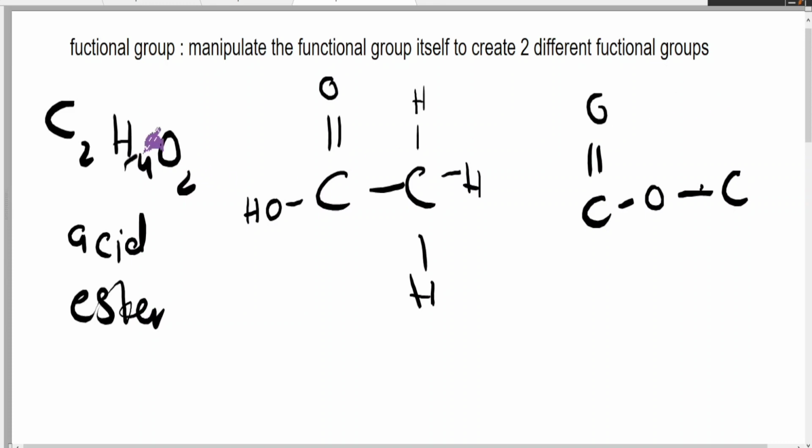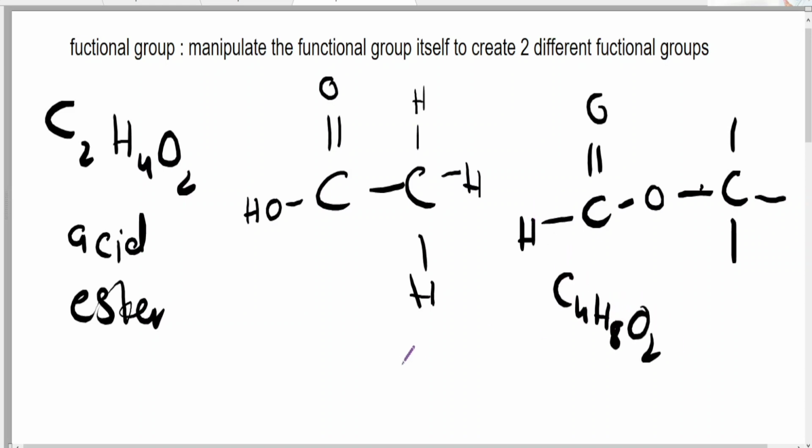So if it gives me 4 hydrogens, that means these two must be functional group isomers. So let's see, 1, 2, 3 hydrogens right here, and then I can place 1 hydrogen right here, right? And this would give me C2H4O2, and this also gives me C2H4O2.